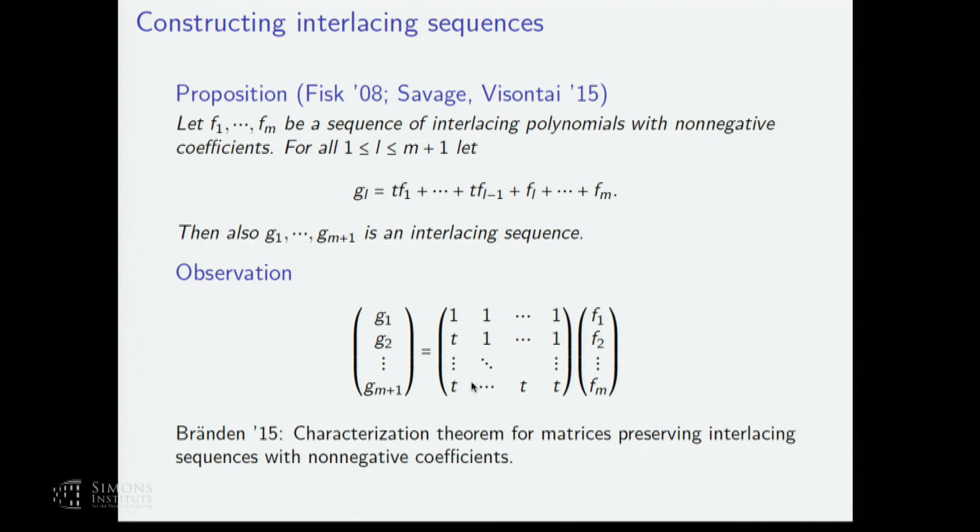It's really just induction. As an observation, this sequence g1, g2 to g_{m+1} depends linearly on the sequence f1, f2 to fm. Namely, we can multiply the sequence with this matrix of polynomials. And Petter Brändén actually provided a complete characterization of all such matrices that preserve interlacing of sequences with non-negative coefficients. But for the purpose of this talk, keep this matrix in mind.